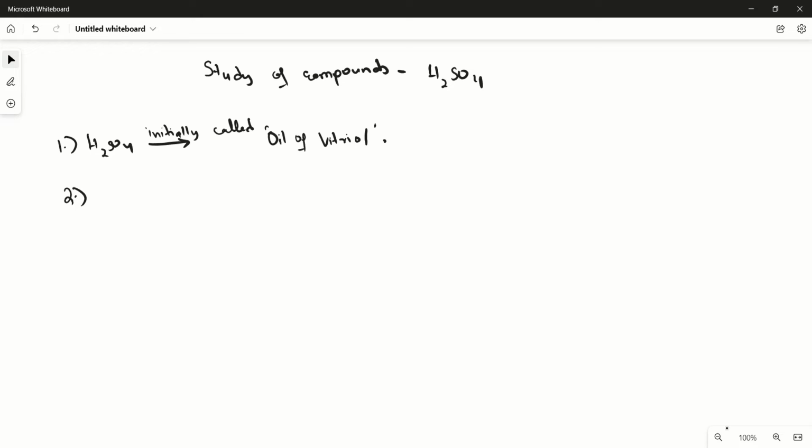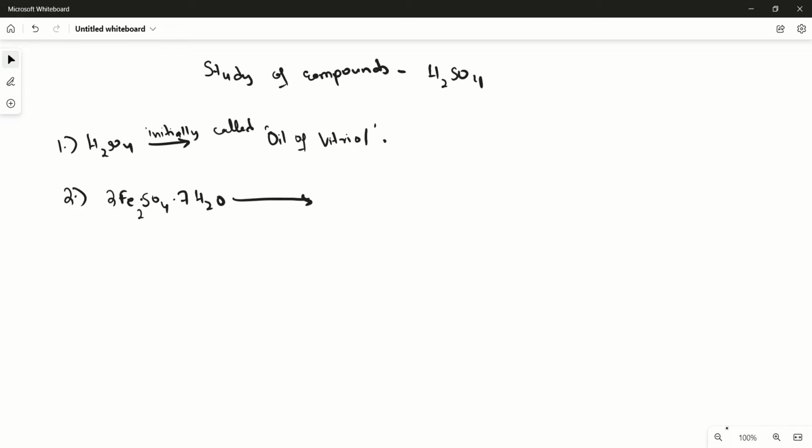This is because it was initially prepared by distilling green vitriol, hence the name oil of vitriol. So the reaction was 2FeSO4.7H2O on distillation.